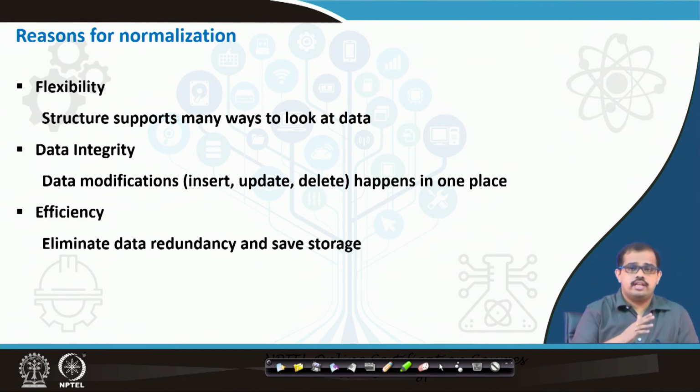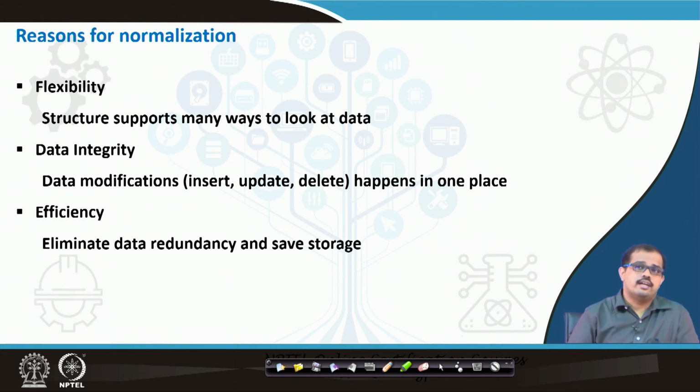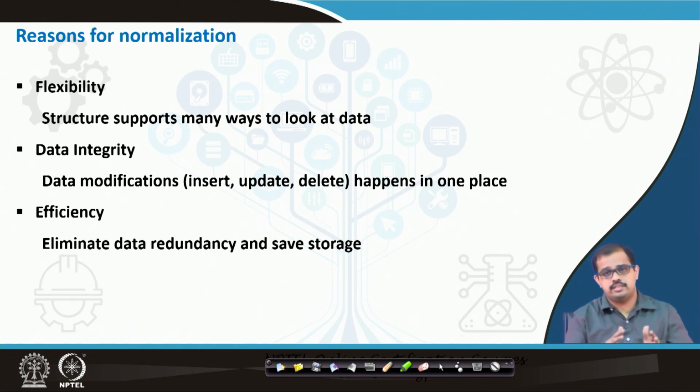When you looked at it in 2016-17 and now, you can see a stark change in how the access is, what the speed is, and how you can easily book your tickets. I'm not saying that you get confirmed tickets, but you can look at availability, etc., in a much easier way, which never used to happen before. So that is the difference between an efficient database that is normalized and a non-efficient database that was not normalized previously.